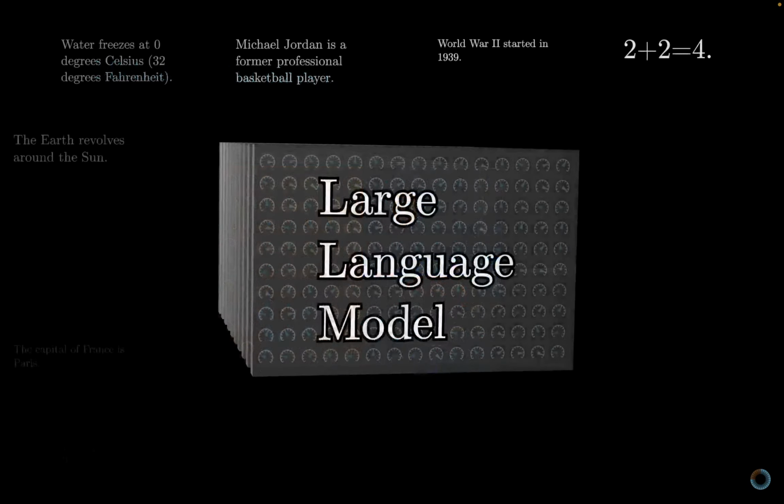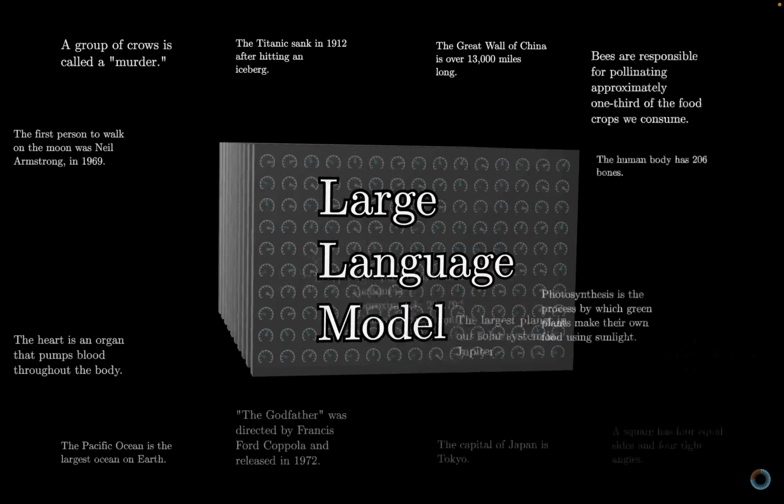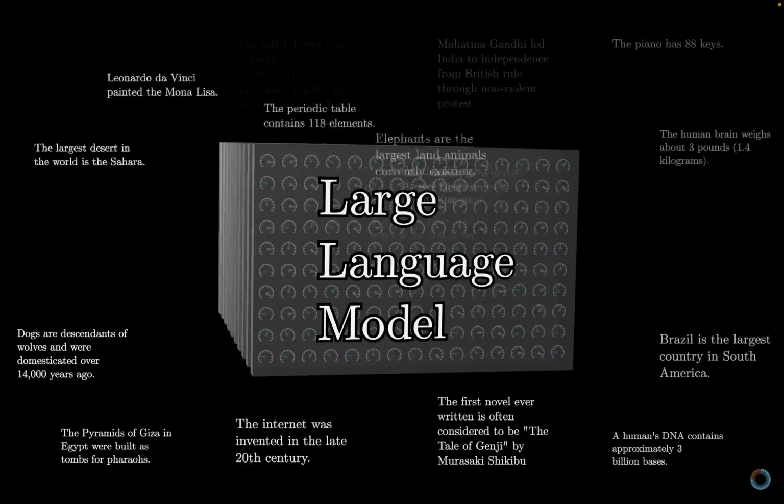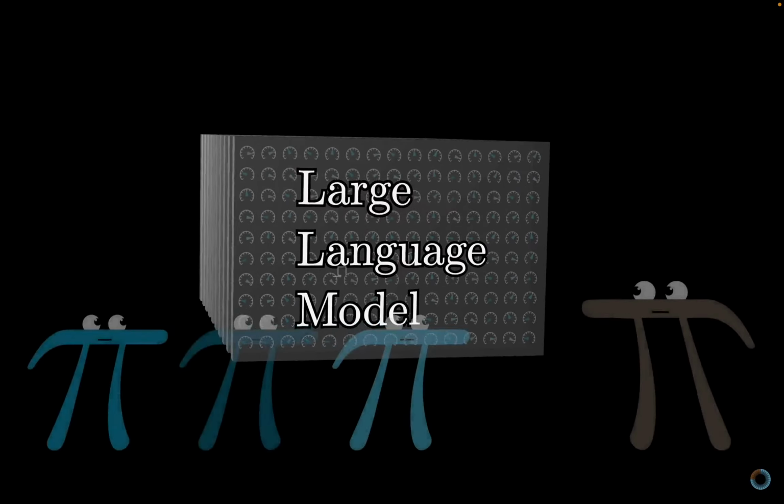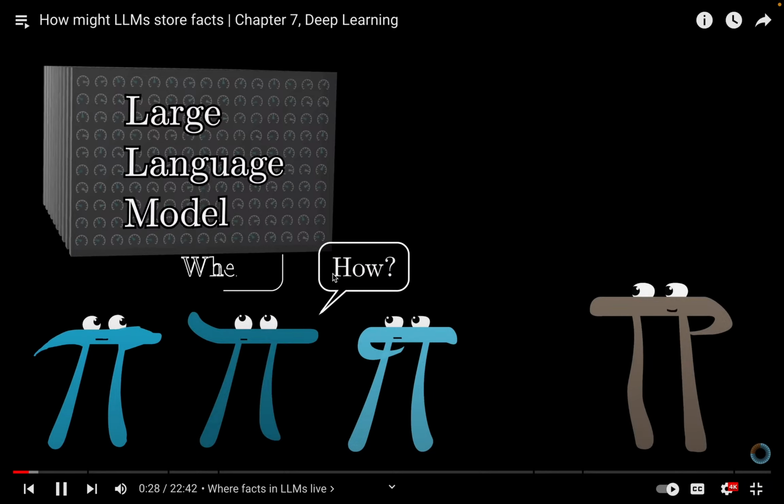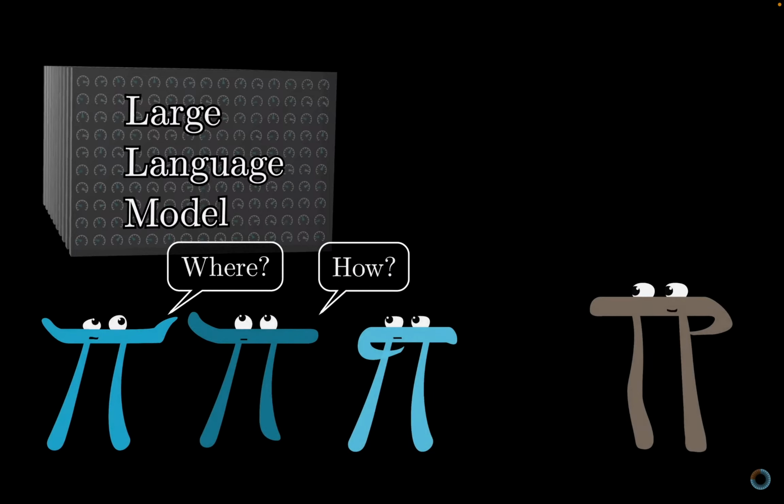And I think in general, anyone who's played around with one of these models has the clear sense that it's memorized tons and tons of facts. So a reasonable question you could ask is, how exactly does that work? And where do those facts live?